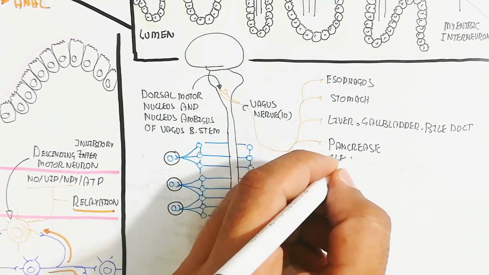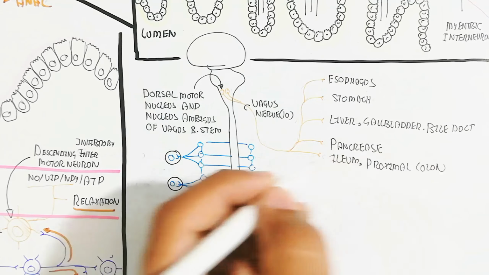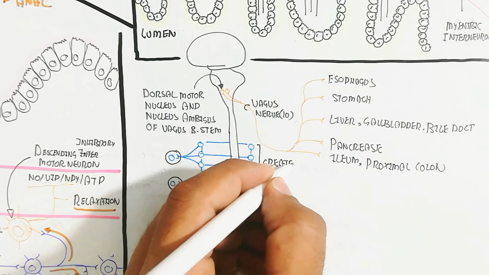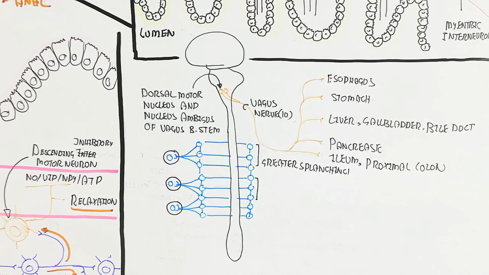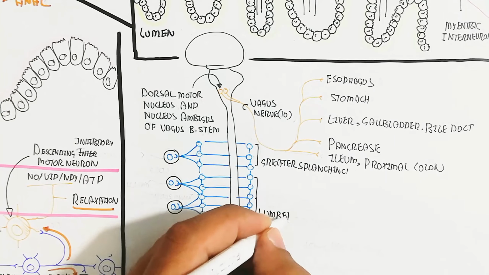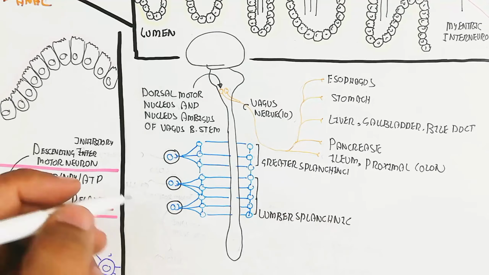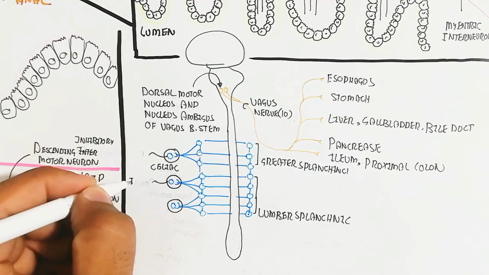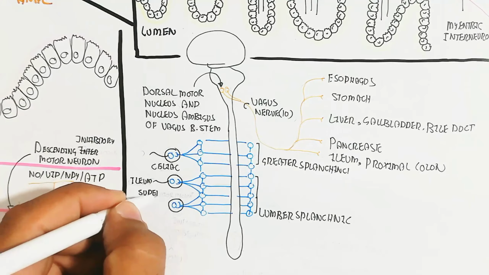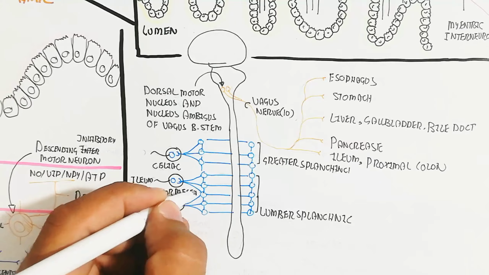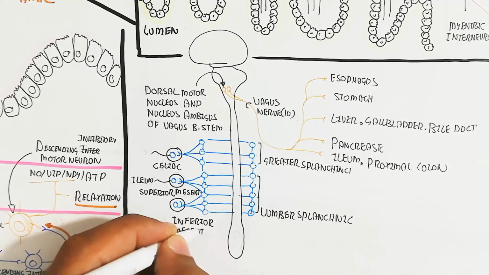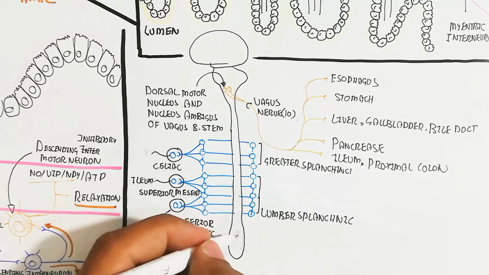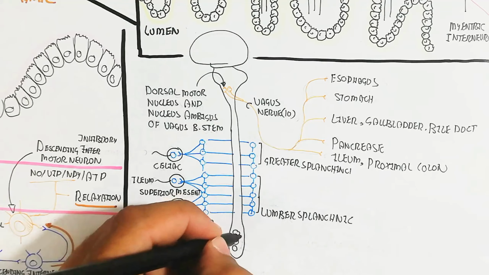On the other hand, the greater splanchnic nerves are three pairs, which include the celiac ganglion. This ganglion will target the celiac nerve, which targets the large intestine and ileum, and the superior mesenteric ganglion, which controls the ileum, and the inferior mesenteric will target the colon.